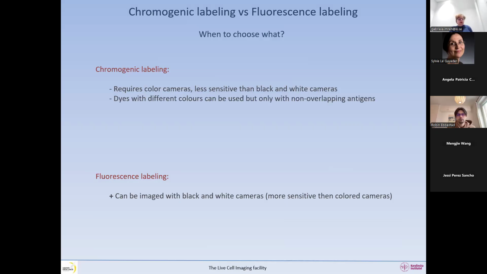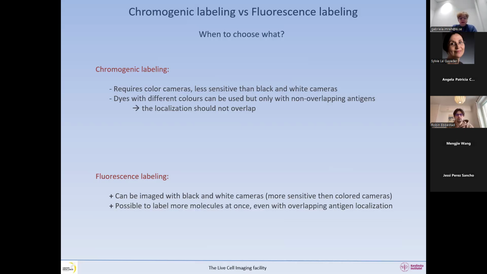We can use dyes with different colors, but only if we don't have overlapping antigens, meaning that the localization of our antigens should not overlap at all. In the case of fluorescent labeling, it's possible to detect more molecules at once, even with overlapping antigen localization.